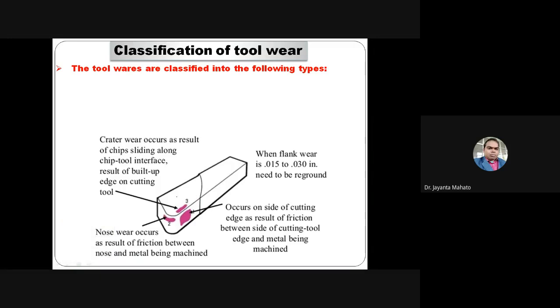So in the first slide, I showed that the chips will be removed from the workpiece like this. So chips will be removed like this, and this is the tool actually.